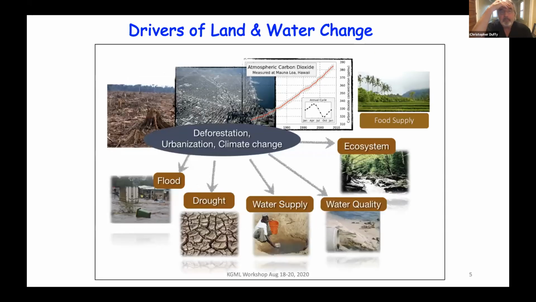Okay, well, maybe I won't spend much time here, but hydrology and watershed science has a huge potential impact and is obviously related to the water balance changes as we have deforestation, urbanization, and climate change. Food security and supply is directly related to the hydrologic cycle on the land, as well as in the atmosphere, ecosystem services, floods, droughts, water supply, and then water quality.